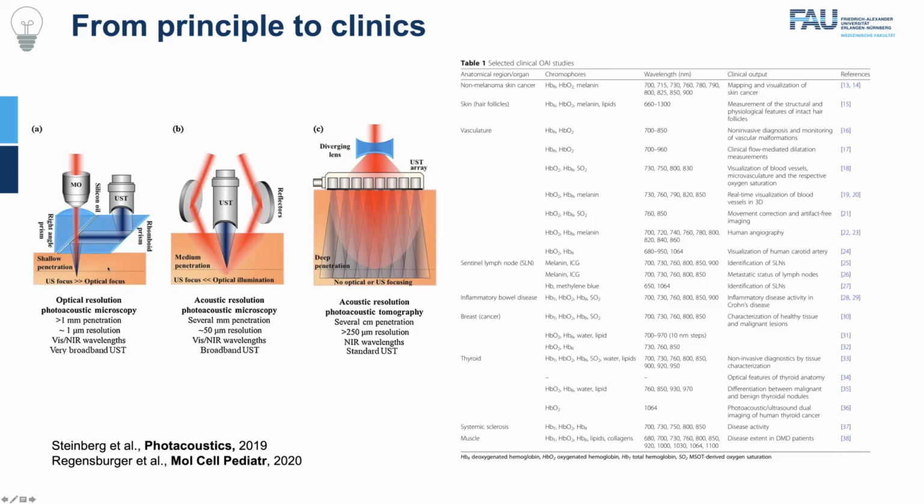It uses different setups, so it can work with really high resolution for microscopy. But what we are talking about is painted here in C. It's non-focused waves and non-focused ultrasound, and this gives you higher penetration and maybe not so good resolution, but still very sufficient to image different tissues.